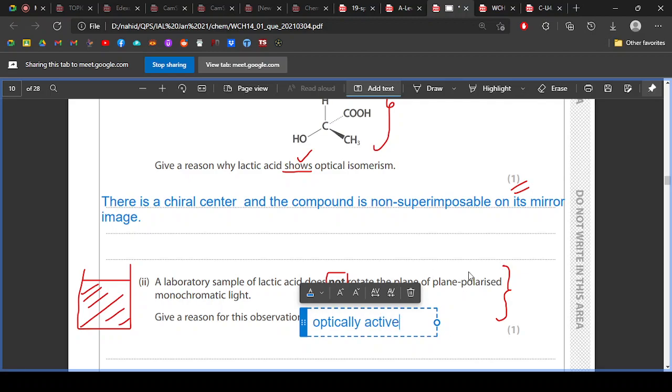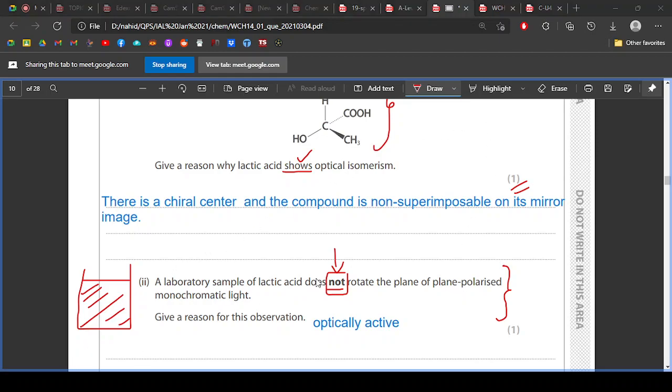So even though lactic acid is optically active, why in this scenario is it not rotating the plane of polarization of light? Why could that be? Any suggestions?